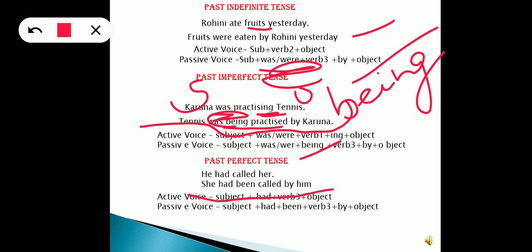So see here, it is very simple. Her, which is in objective case, will become subject here. He, which is in subjective case, will become object. So objective of he is him, and subjective of her is she. So its passive voice is she had been called by him.